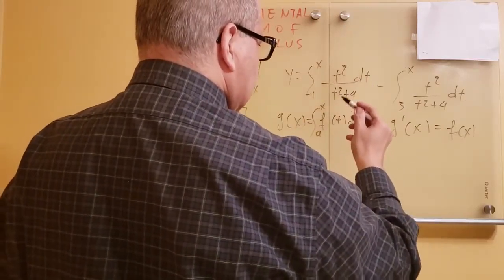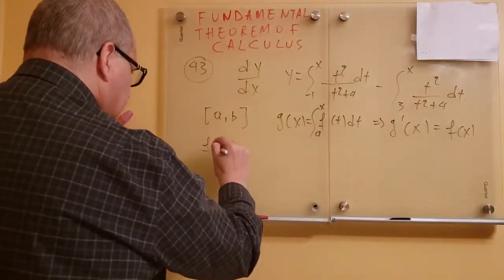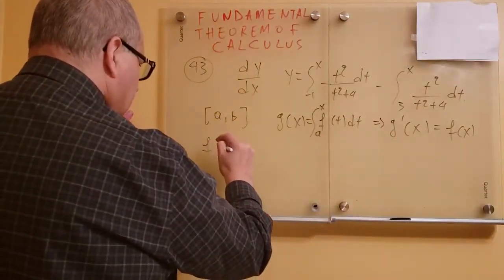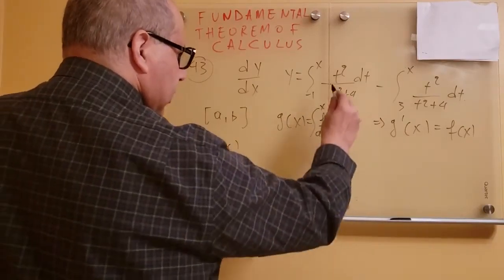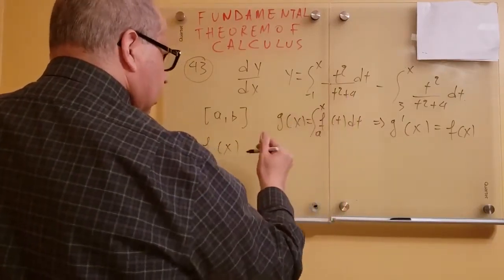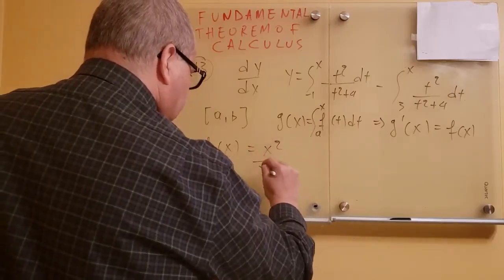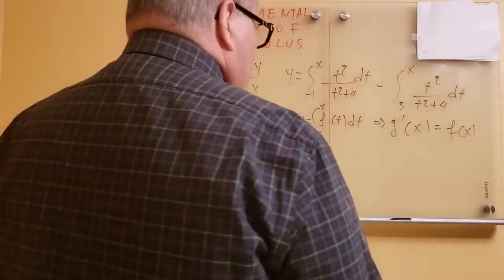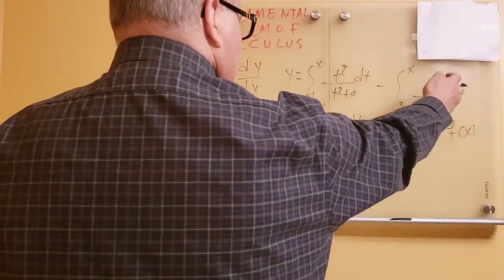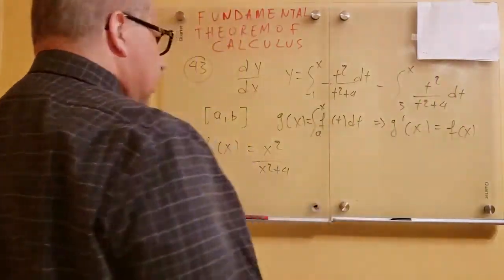So the f of x will be exactly the same, but wherever there is t you put x, so this will be x squared over x squared plus 4. And of course the same thing applies for the second part, because it's exactly the same function.